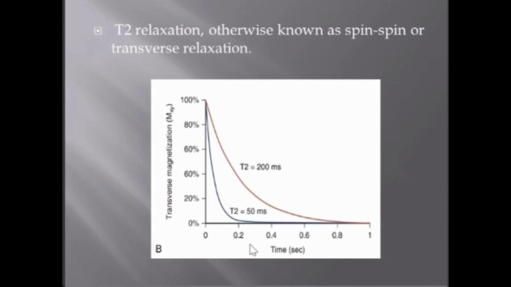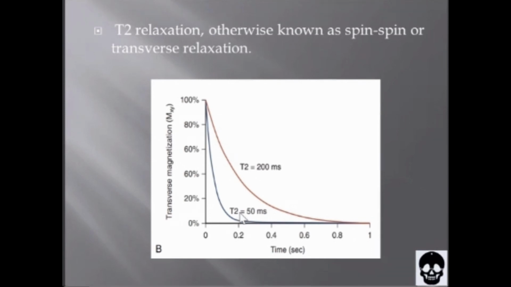As the spins precess, they start to dephase, leading to a decrease in the net magnetization, the T2 decay. The red curve shows the signal time curve for a tissue with a long T2 value, 200 milliseconds, and the black curve shows a tissue with a short T2 value.